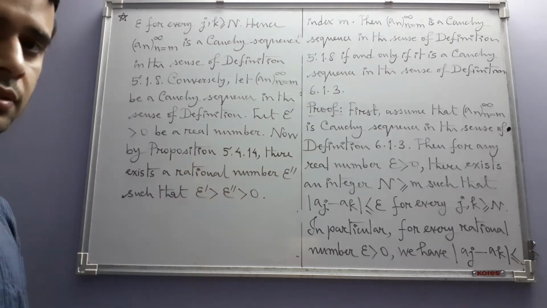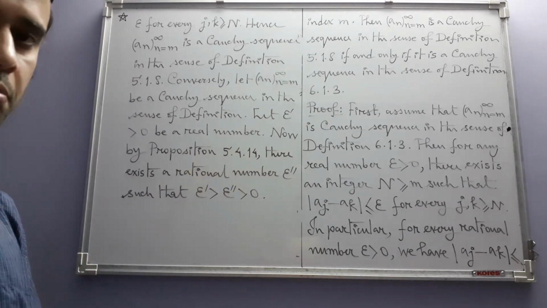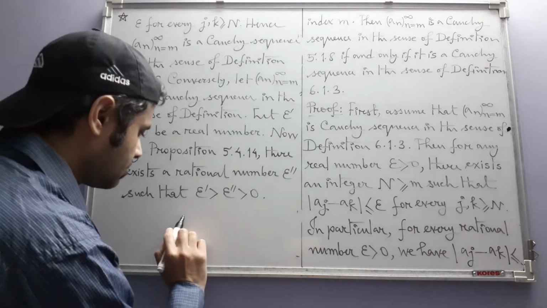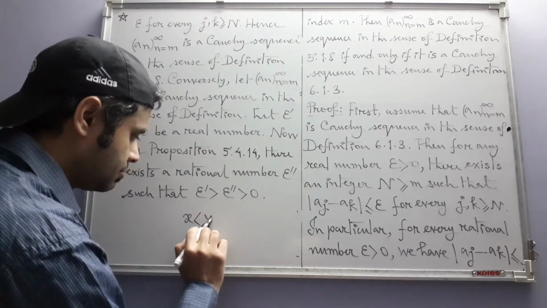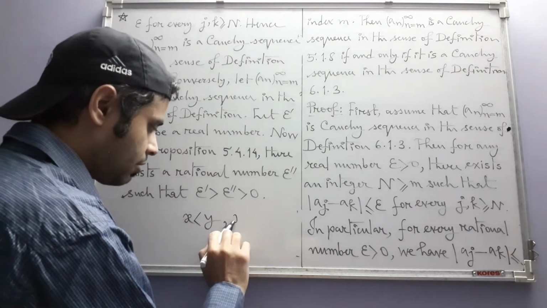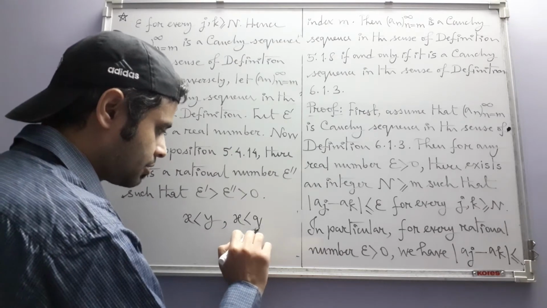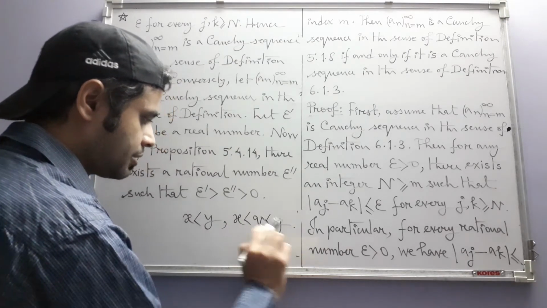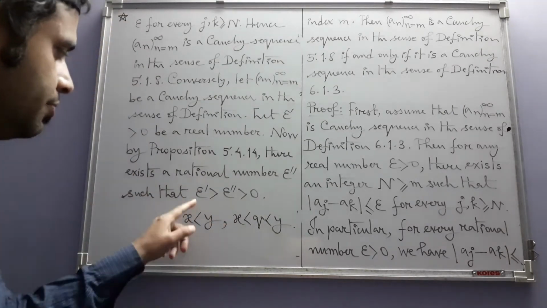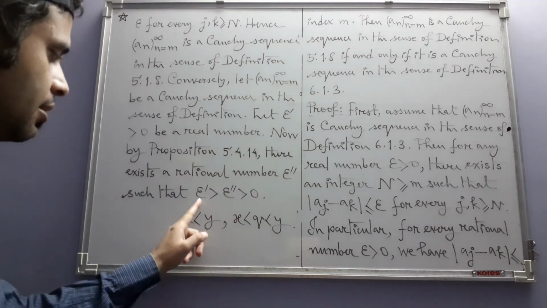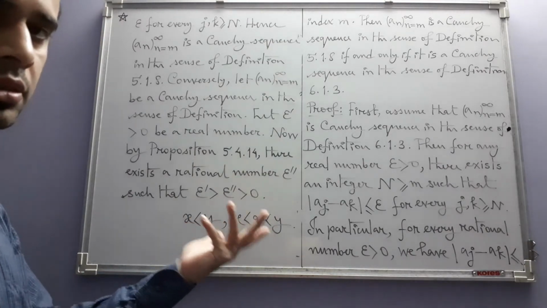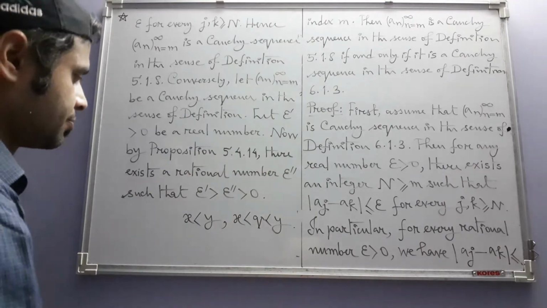This proposition says that between any two real numbers we can always find a rational number. If we have two distinct real numbers x and y, say x is less than y, then we can always find a rational number q that lies between x and y. So we have used that result here with 0 in place of x and epsilon prime in place of y, and the rational number q is denoted by epsilon double prime.